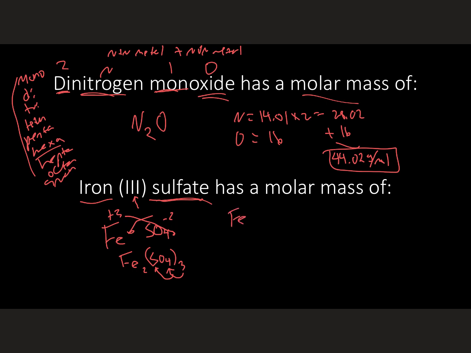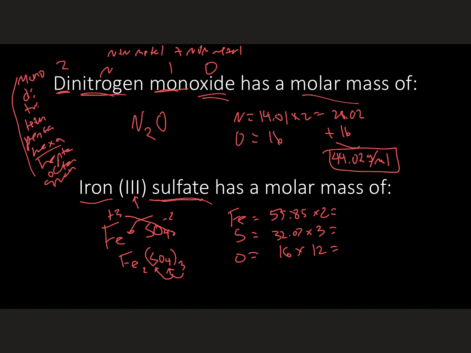So let's look at this. Iron equals 55.85, 2 of those. Sulfur, 32.07, 3 of those. Oxygen, we've got 16 times 12 oxygens.